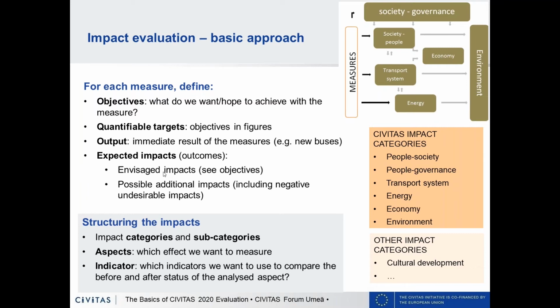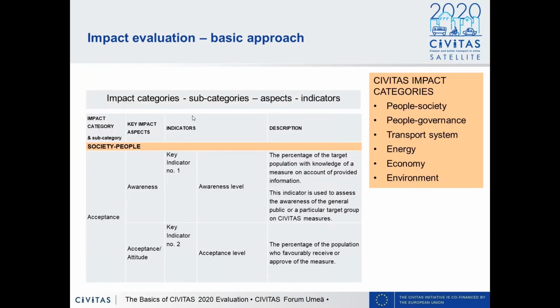That's crucial, because if we don't do this exercise, we are not able to select the best indicators. It's important that for each of these impacts, we try to choose good indicators. In the CIVITAS framework, there is already a list of indicators covering all the different impact categories.